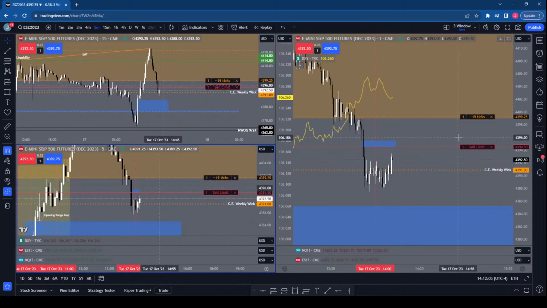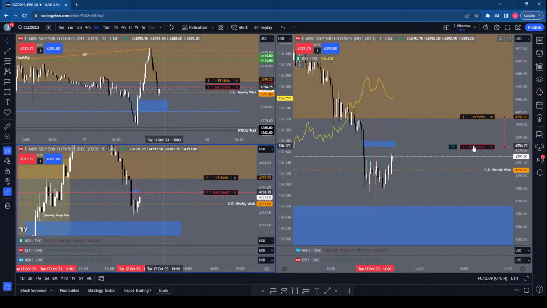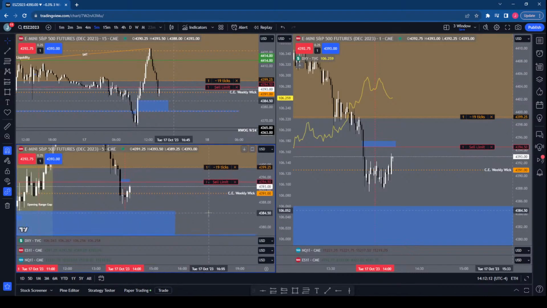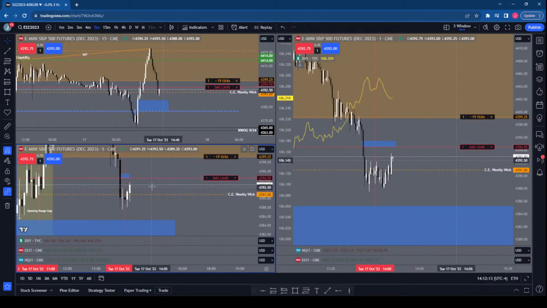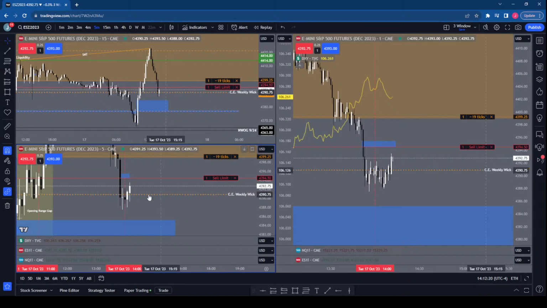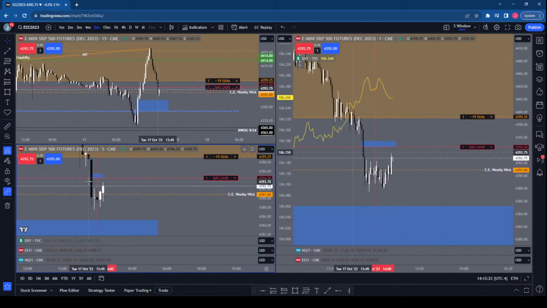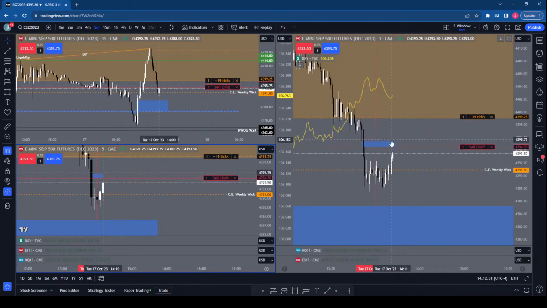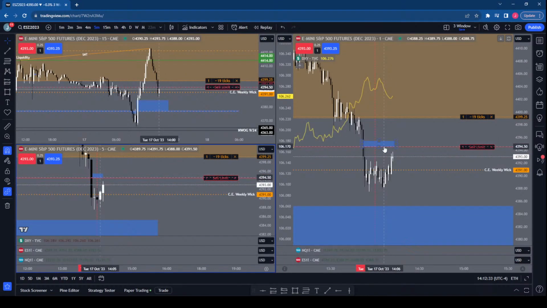So those are all reasons why I'm willing to risk a little bit. You can see we're entering now on the 5-minute fair value gap. I picked this 1 minute that's within the 5-minute just because I want a little deeper of a quote premium.